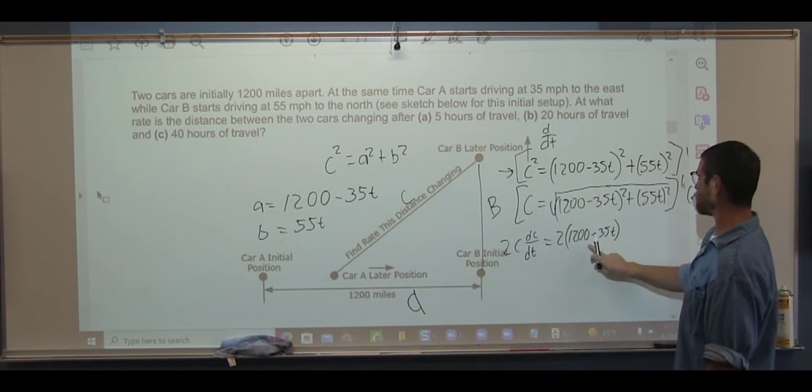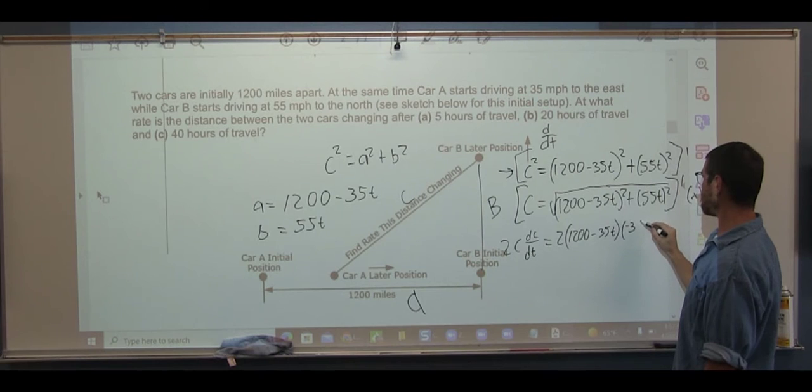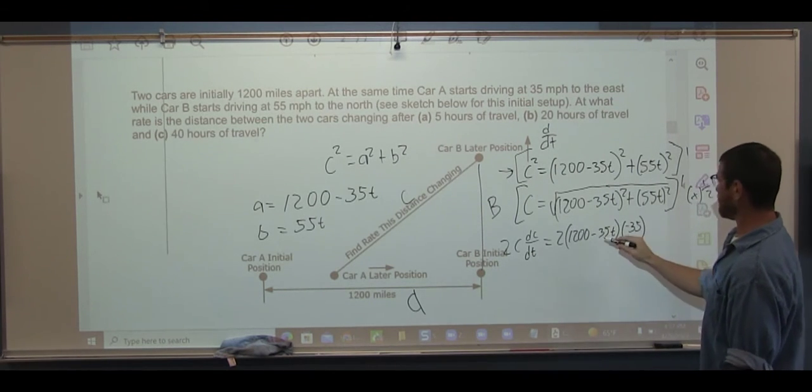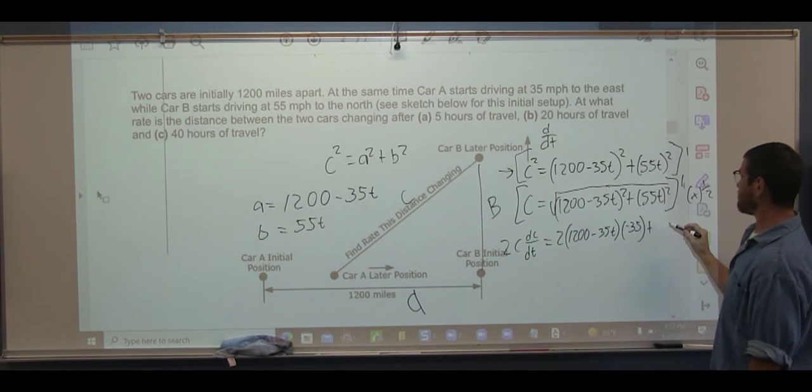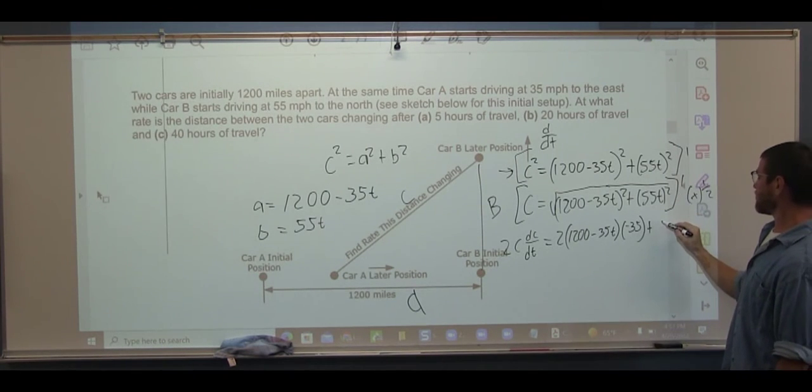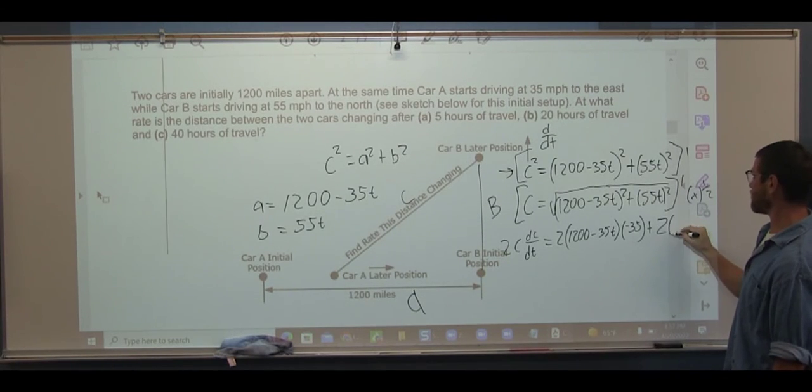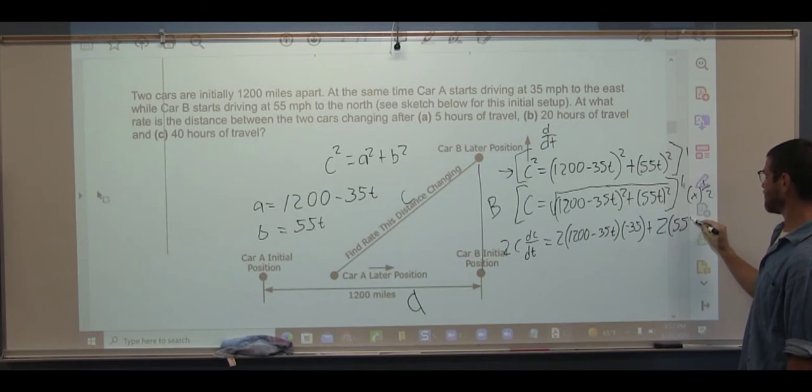That's the inside function, it remains, but it's multiplied by the derivative of the inside, which happens to be 35. It's added to another chain rule derivative, which is 2 times 55t.